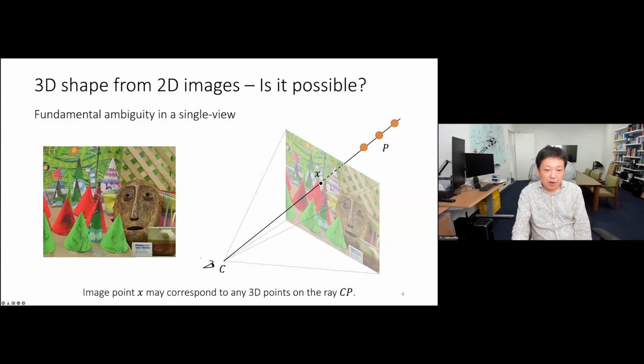Let's say our viewpoint is C here, and we are now looking at the 2D point X on the image. We can draw a line, which is a 3D line from C to X, and extend the line further. The 3D point should be located on this extended line. However, only from this information, we cannot determine where the 3D point P is.